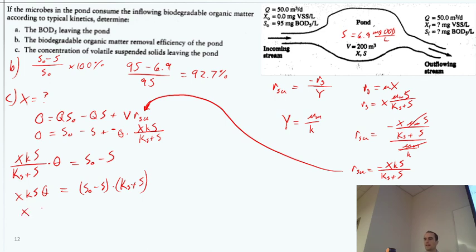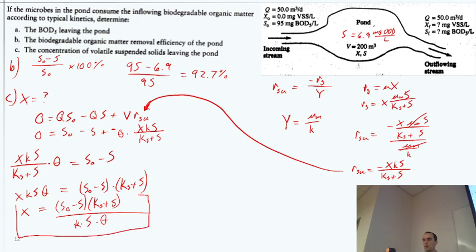So x then equals s naught minus s times ks plus s divided by k times s times theta. Maybe you could simplify from there a little bit, but that's essentially it. That would be our equation for x.